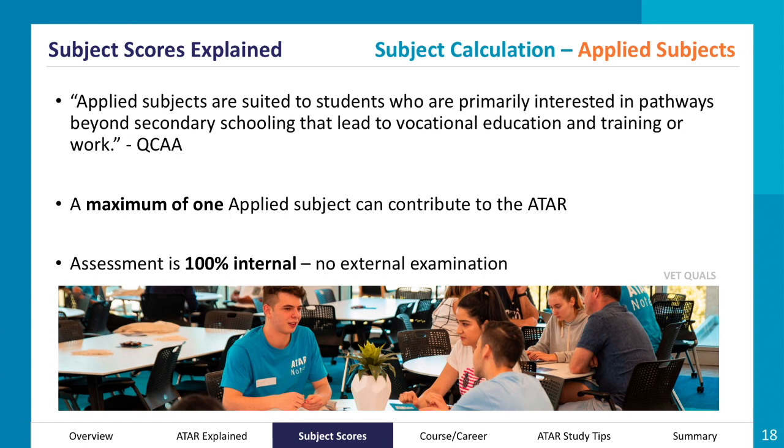So you can't do just 5 applied subjects, for example, and then expect to qualify for the ATAR. You will not be eligible. So a maximum of 1 can contribute to the ATAR. And assessment is also a little bit different. There's no external assessment. It's 100% internal. Mostly what that looks like is 1 additional internal assessment. So there'll be 4 instead of 3.